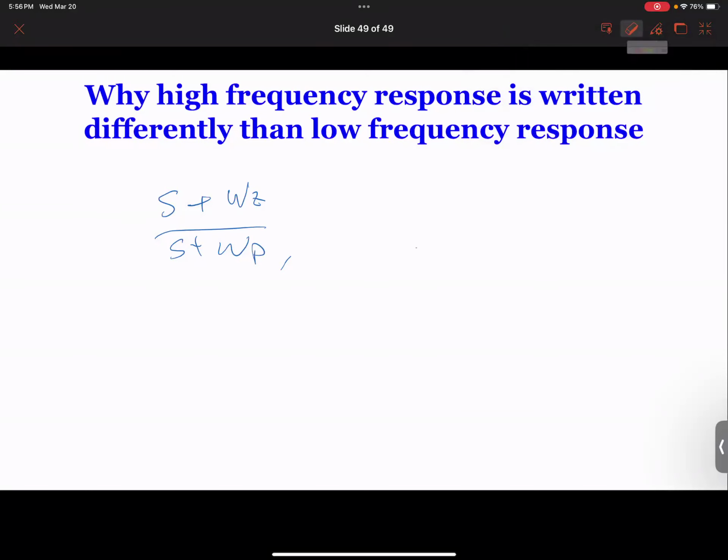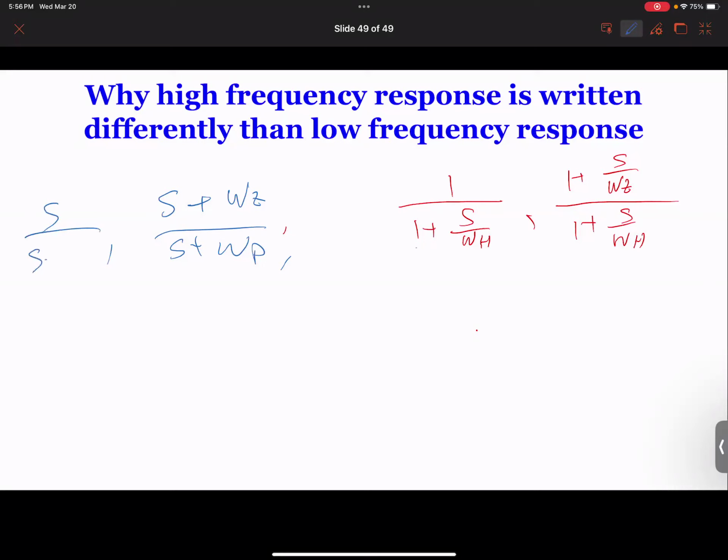I'm going to just rewrite it: 1 over 1 plus S over omega H, or 1 plus S over omega Z over 1 plus S over omega H. And this one can be written as S over S plus omega P. So you really just have 4 different ways to express it.